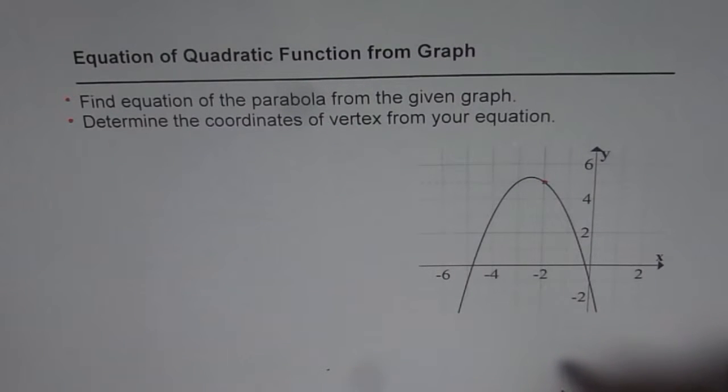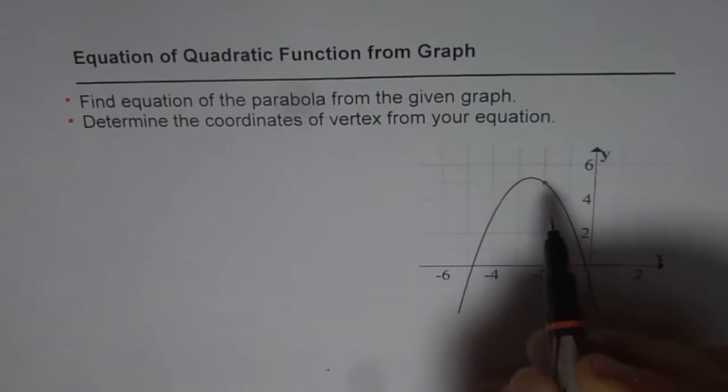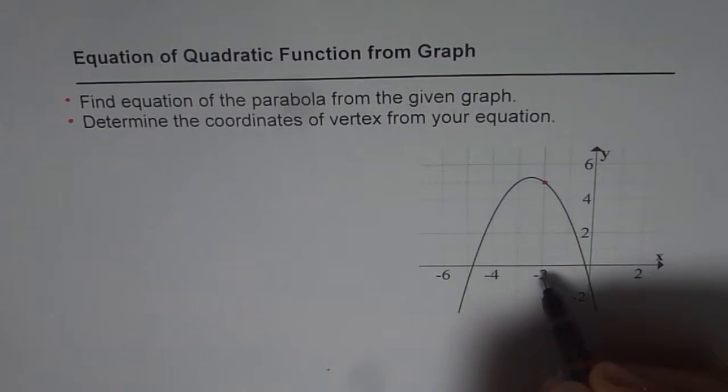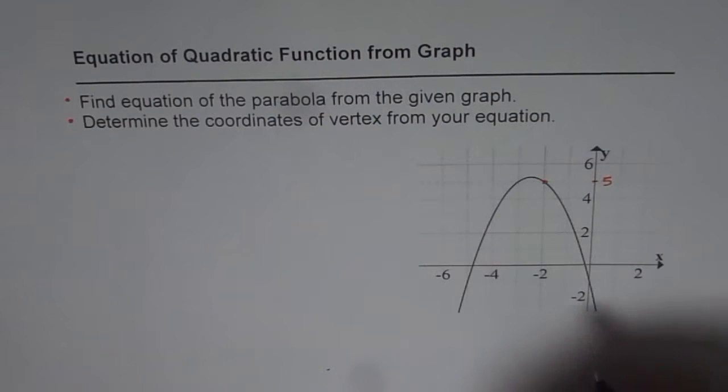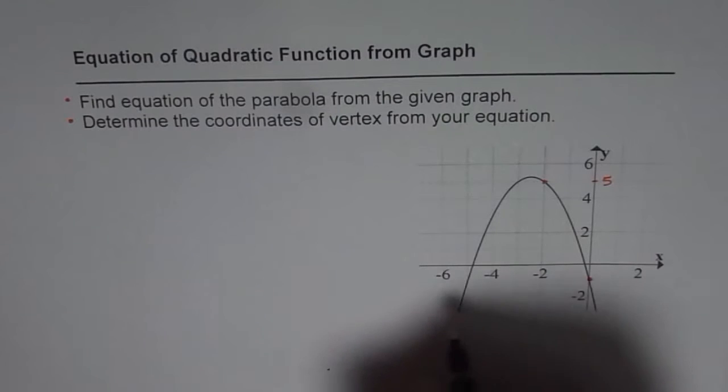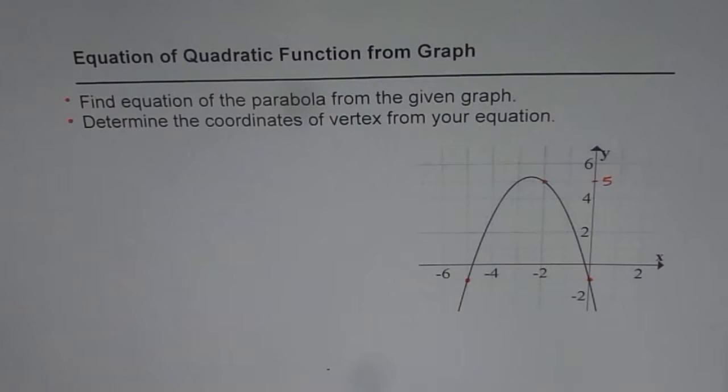Now, how to find the equation of this parabola? We are given a point here which is at (-2, 5). We can utilize this point, but what is interesting is we'll actually utilize the y-intercept. The y-intercept is at -1.